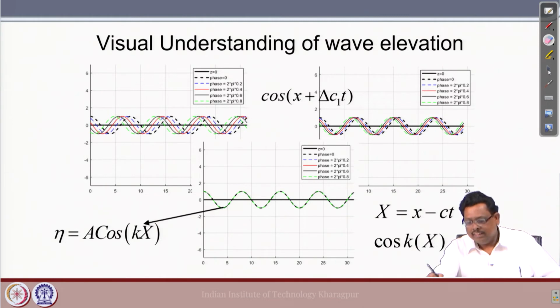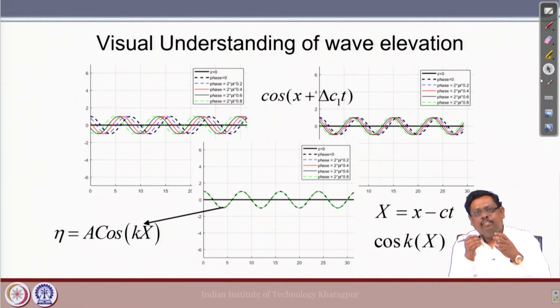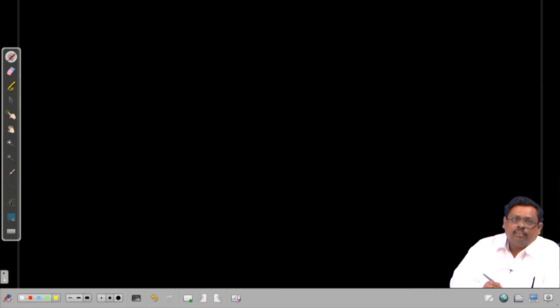Now, if I understand this, the physics part is that x minus c t is as if a monochromatic wave with wave number k, so the signal should be a cos k X. Okay.